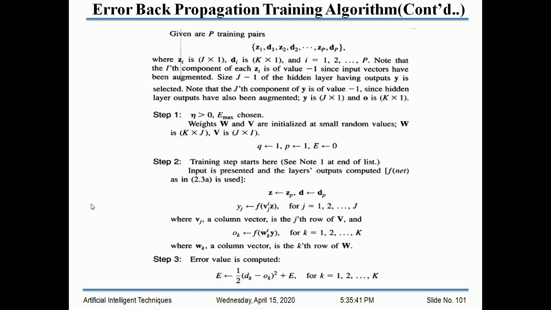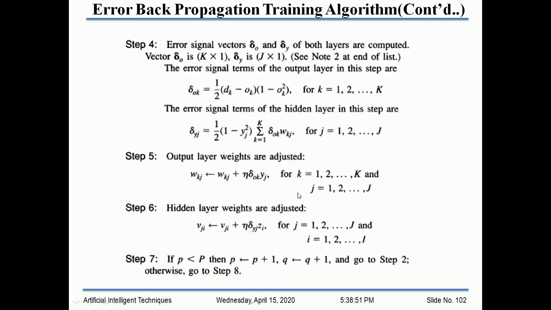So the error value is being calculated using the formula E is equal to half into (dk minus ok) whole square plus E. Now error signal vectors delta o and delta y of both the layers are computed.